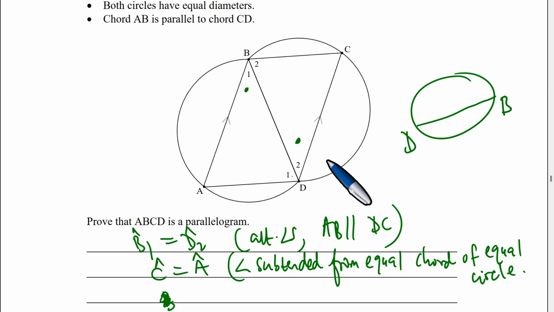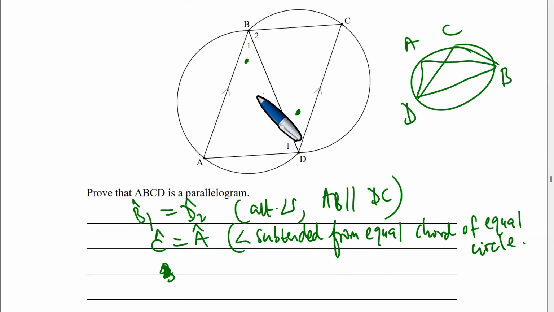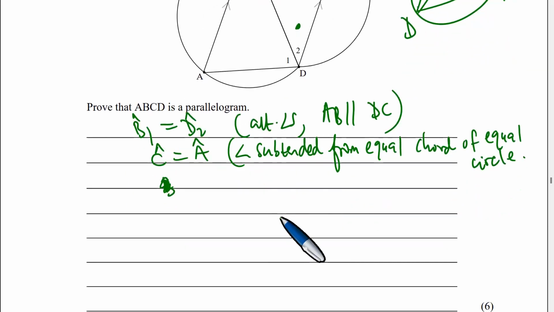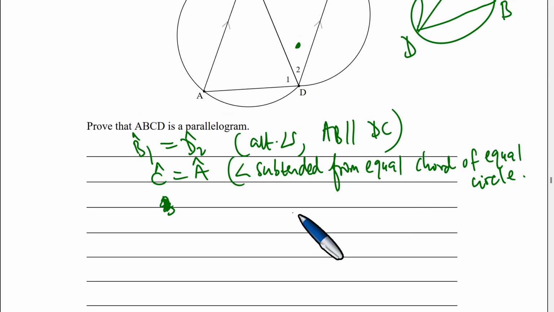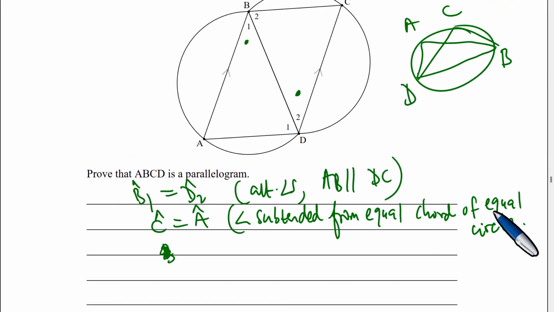DB. The examiner wanted to be creative. Chord DB subtends angle A at the circumference, and there is another chord that subtends angle C. It's just that now this has been flipped around to be in a different circle. But obviously you're on point: C equals A because of angles subtended by equal chords of equal circles.